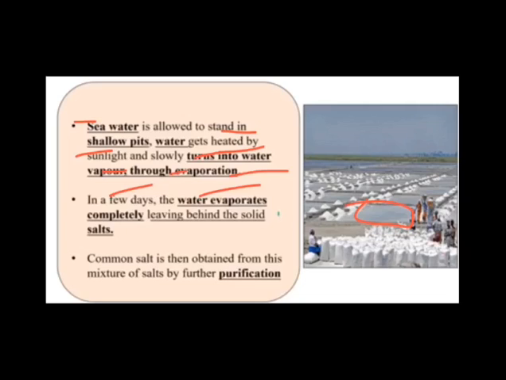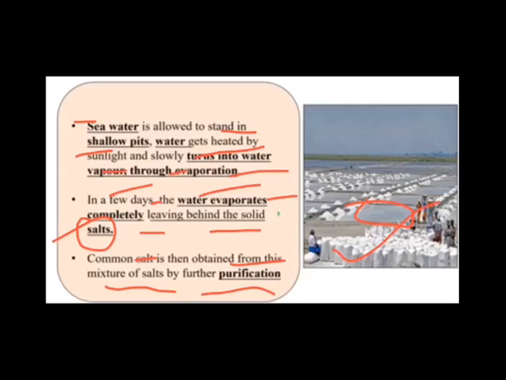In a few days, the water evaporates completely, leaving behind the solid, which is salt. Then common salt is obtained from this mixture of salt by further purification. So we will get the common salt by purifying this, because this salt contains some impurities also.